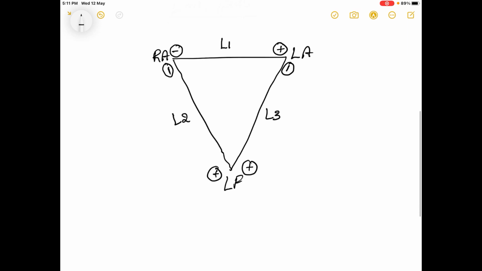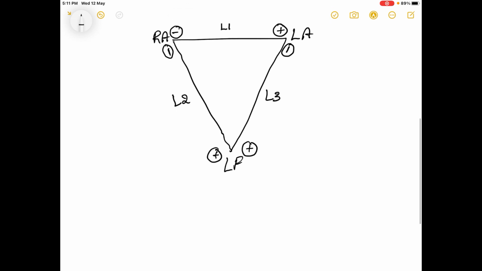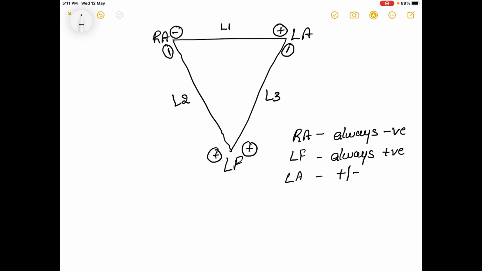So we get to know that the right arm is always a negative terminal, the left foot is always a positive terminal, and the left arm varies between positive and negative electrode.